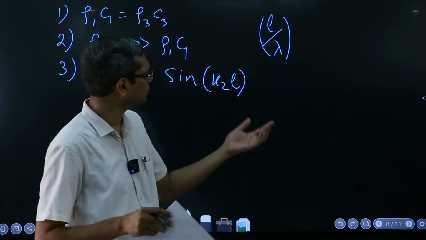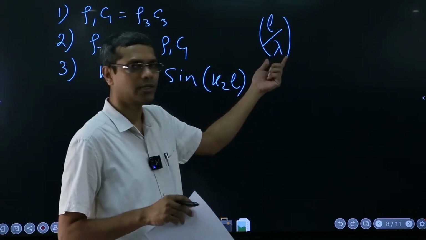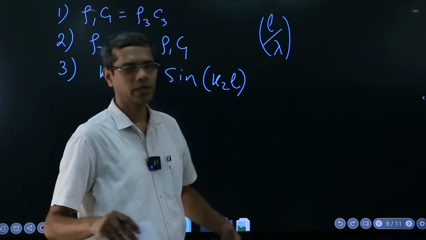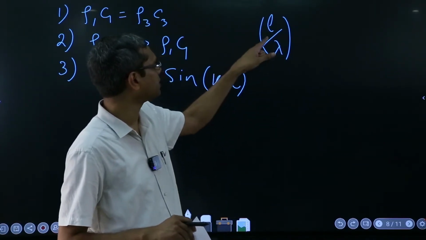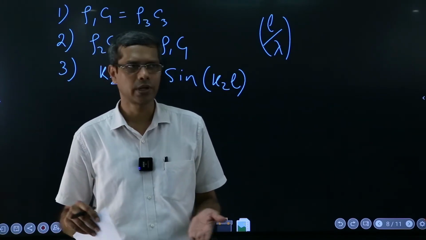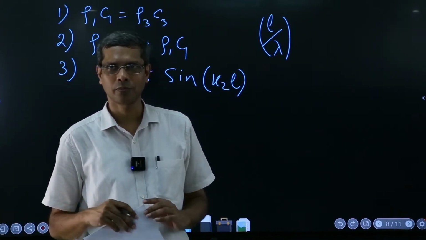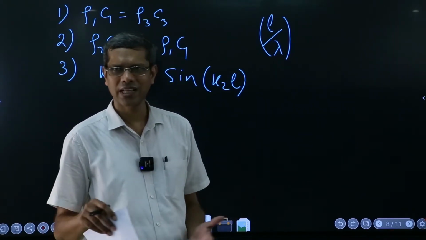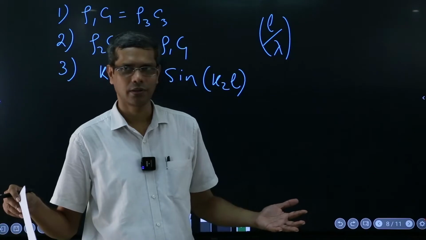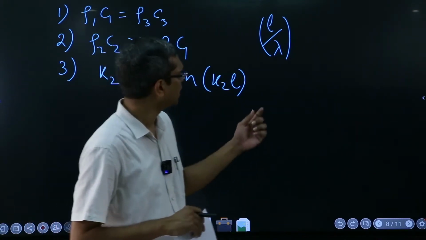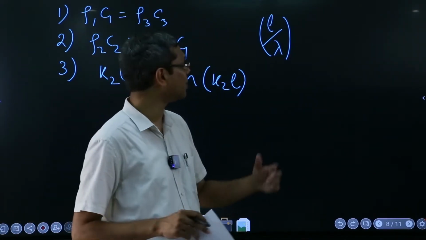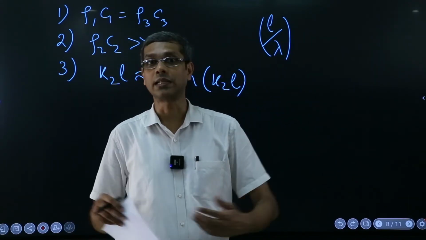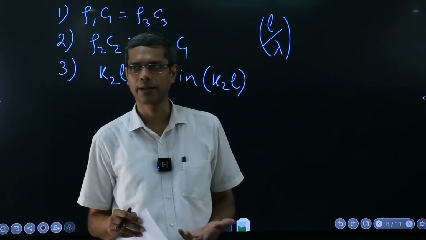Say you took 100 hertz. At 100 hertz lambda is very huge, right? How much is lambda for 100 hertz? Almost 3.5 meters. Now in comparison to 3.5 meters, even if you take L to be say 10 centimeters, it's small.